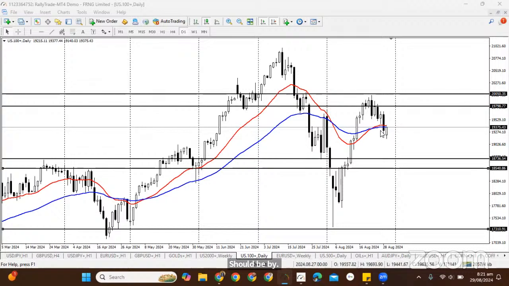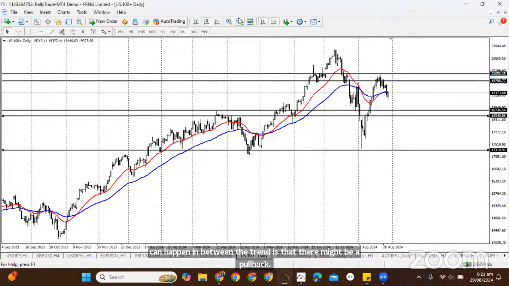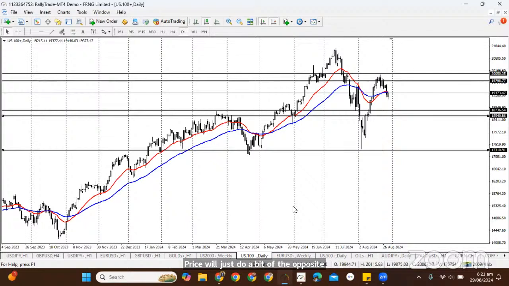Now, somebody will say, is it that trend doesn't change? There are some instruments whose trend doesn't change. Their trend is just one direction. What can happen in between is that there might be a pullback, and the pullback is just that price will do a bit of the opposite, then after that, it will always find its way up.